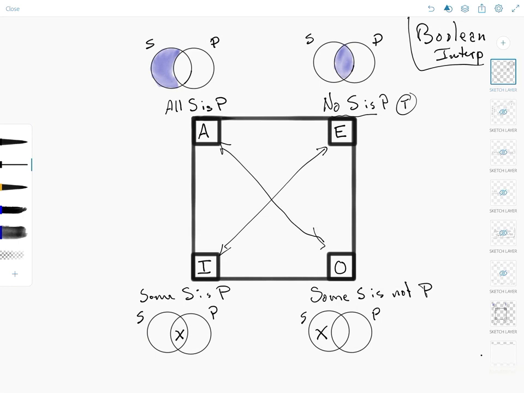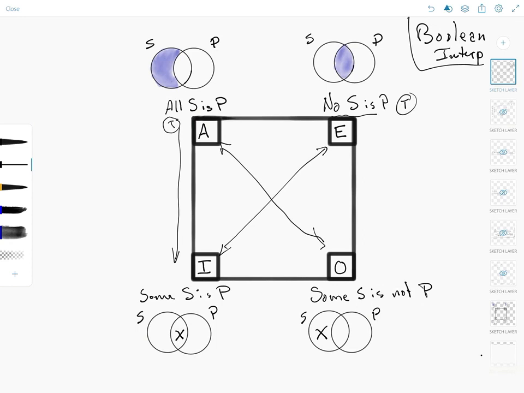Let's think, for instance, about the relation of sub-implication, which we just talked about. Sub-implication won't survive the Boolean interpretation for the simple reason that if we start at the top and we assume that all S is P is true, that does not guarantee that some S is P is true. And the way we can prove that is by looking at the diagram.